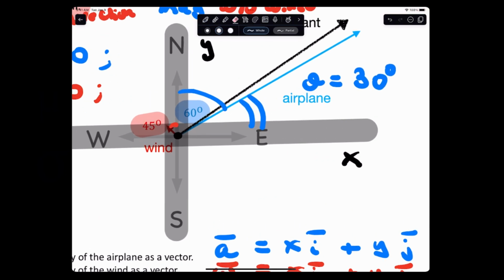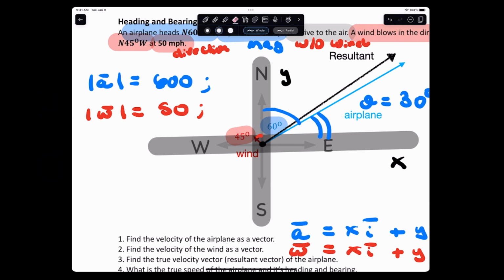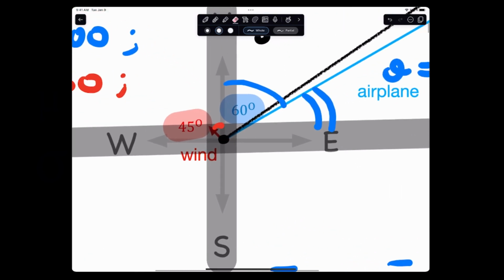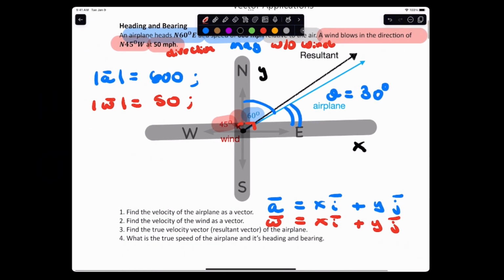Now, let's see if you're really awake. You might say, Mr. Judge, I'm never awake this early. I'm going to put that right angle there for quadrant 1. What do you remember this angle is here for the wind? Right in here, this is supposed to be 45. Is that true? So what do you think the wind angle as a standard angle is?